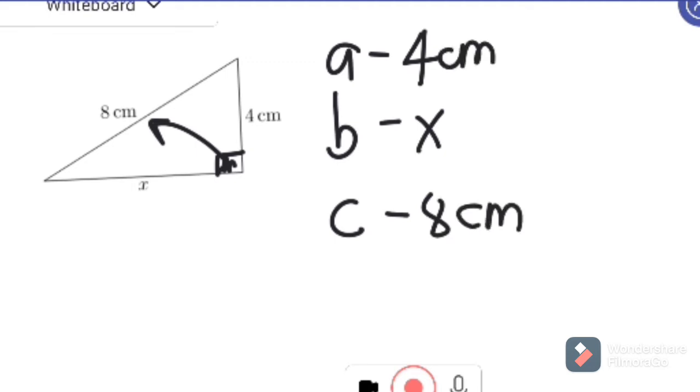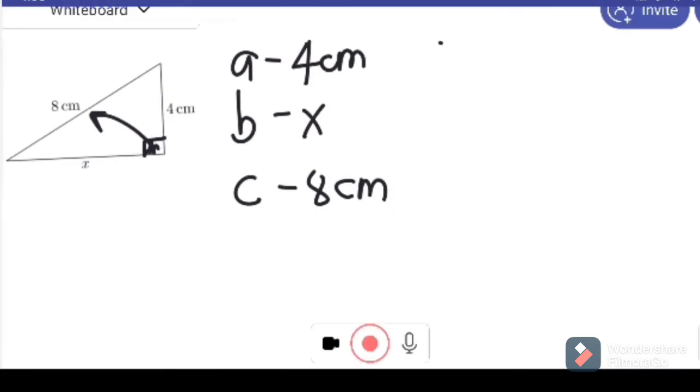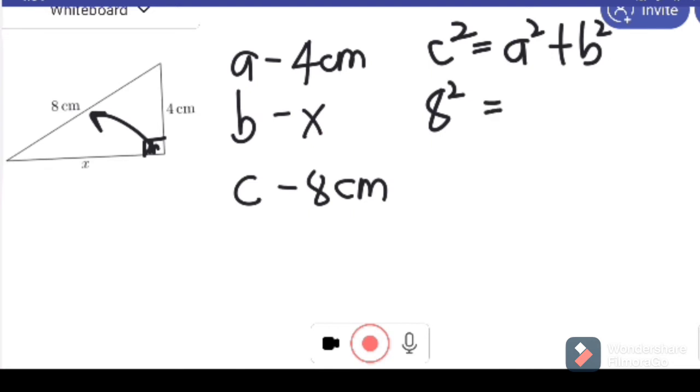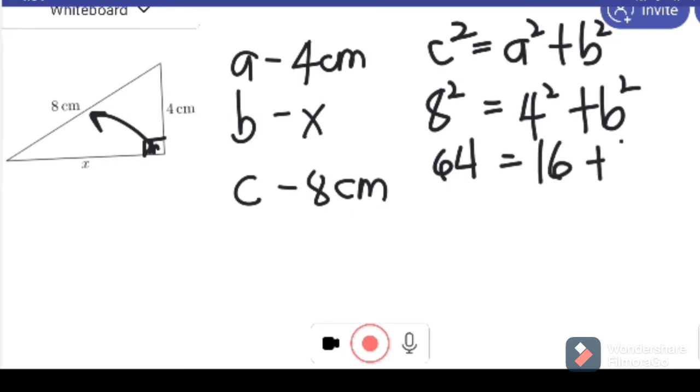Now, to solve for this, the Pythagorean theorem, C squared is equal to A squared plus B squared. And then we substitute. C squared is 8 squared is equal to A is 4 squared plus B squared. Simplify. 8 squared is 64 is equal to 4 squared is 16 plus B squared.